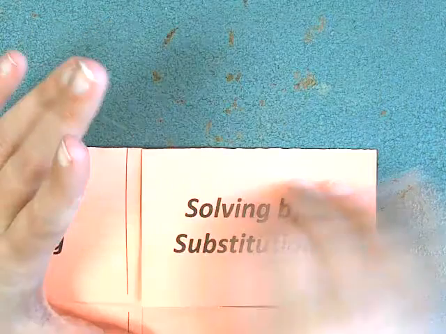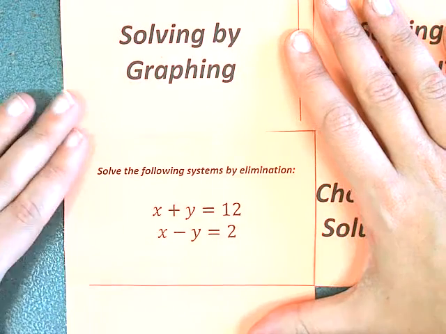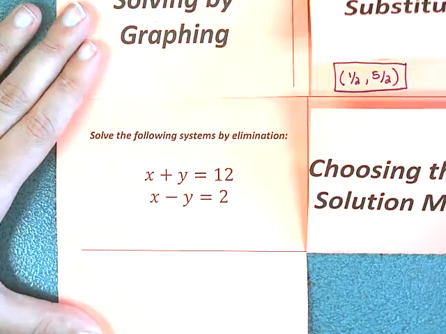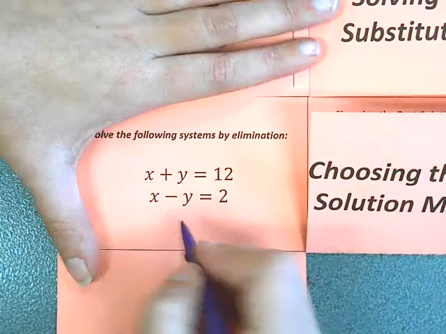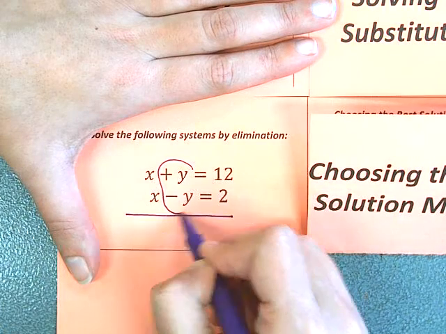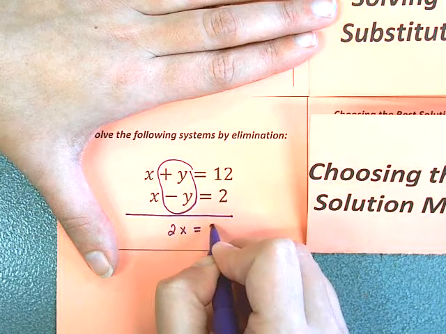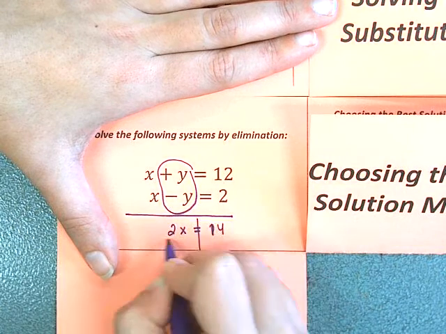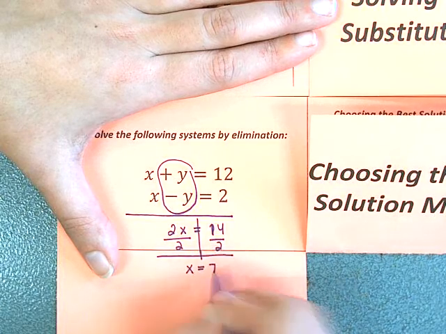Now let's review what it means to solve using elimination. So find the elimination flap and open it up. Solving using elimination means make one of these variables cancel. So I can see here that the y and the y are already set up for canceling. So I would get 2x equals 14. Then I would divide by 2, and I would get x equals 7.